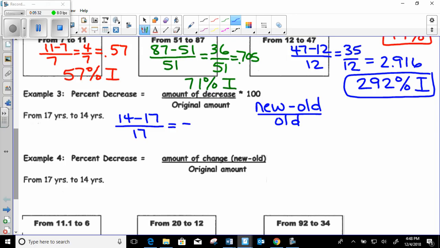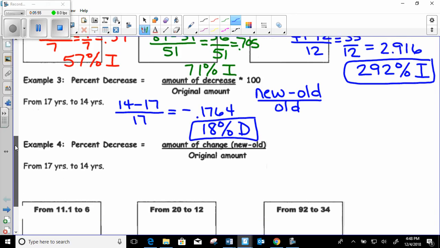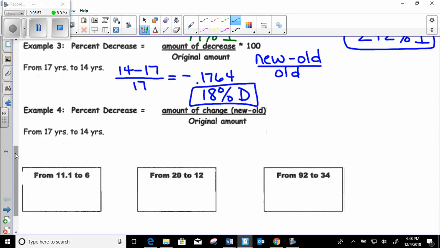You're going to get 0.1764, and it is a negative, and the negative here is just going to mean that it is a decrease. When you change that to a percent, you could just say that it's an 18% decrease, and that negative will tell you whether it's an increase or a decrease. Negative would mean decrease.